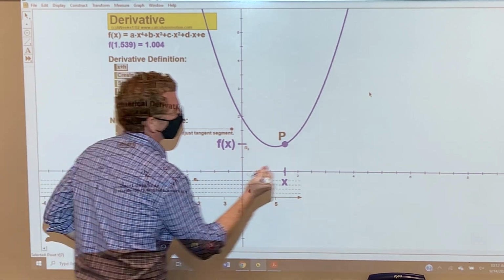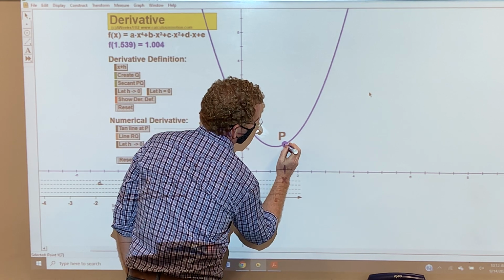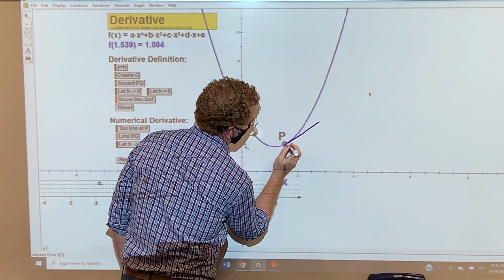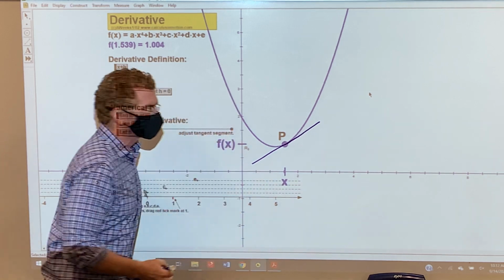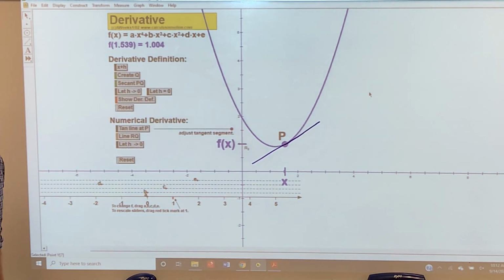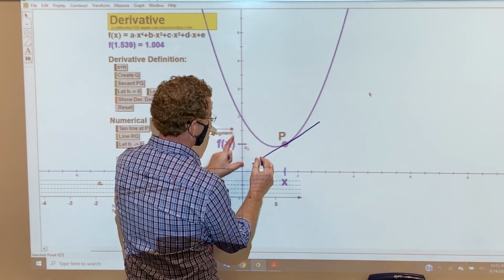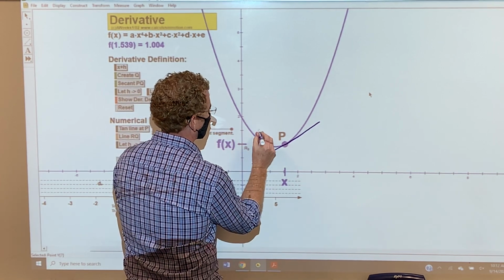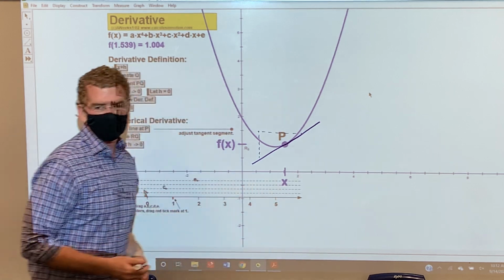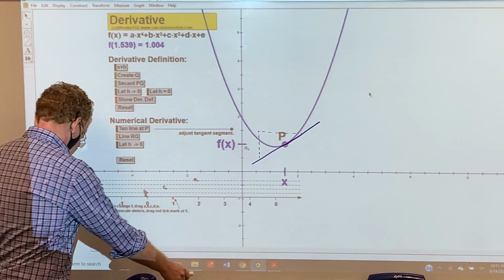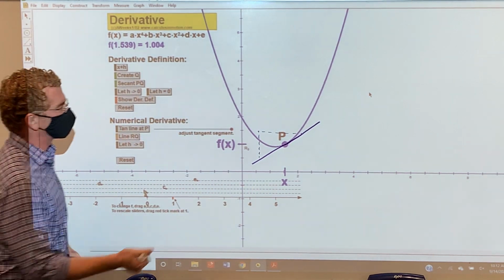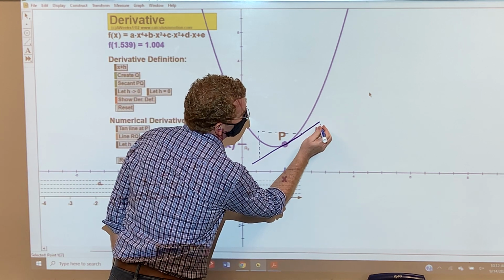So if I had any one of you come up here, if that was legal and we didn't have to throw the marker away, okay? Somebody might come up here and go, all right, there's my tangent line. And then they would take a ruler out or whatever and measure the rise, and then measure the run, and they would have their slope. But my guess is I could probably have any other person walk up here and go, all right, here's my tangent line.